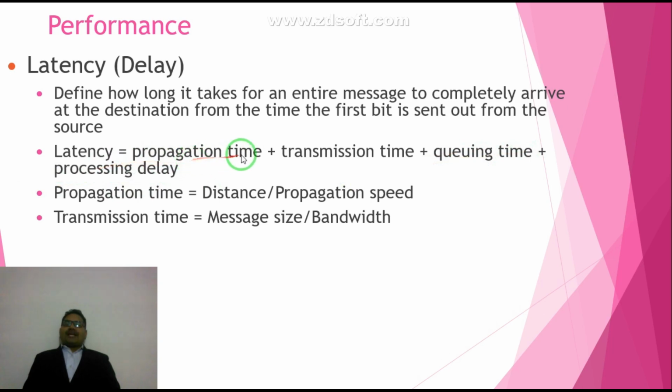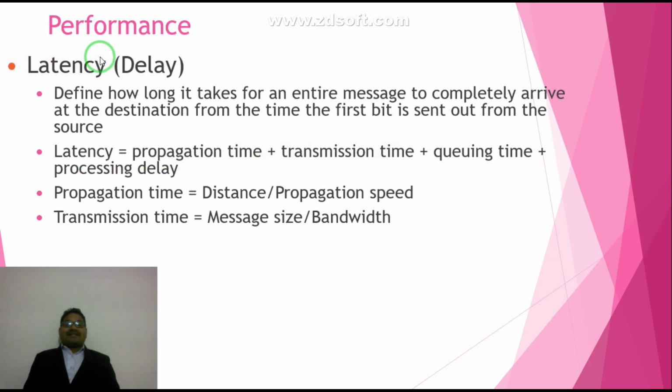So propagation time, in the sense what? The time taken by a single bit, that is distance upon propagation speed. Transmission time and propagation time are different. Propagation time is for a single bit, but the transmission time is for the entire message.